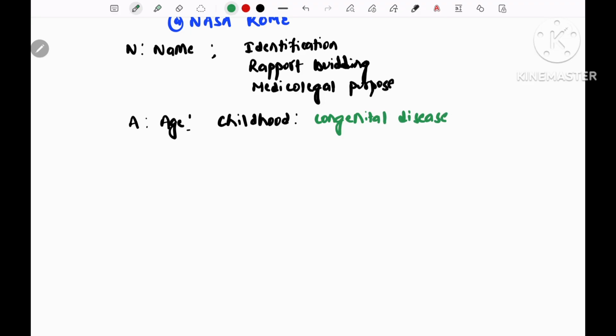Like if a patient is presenting with hernia at 1 year or 2 years, then it is due to congenital hernia. Similarly, in old age, the diseases are usually degenerative, like Alzheimer's disease, multiple sclerosis.